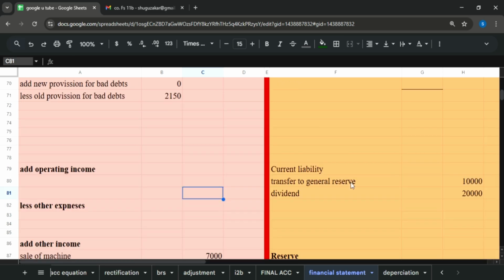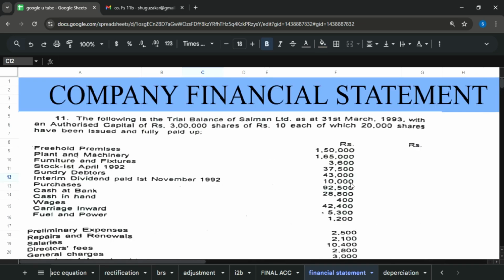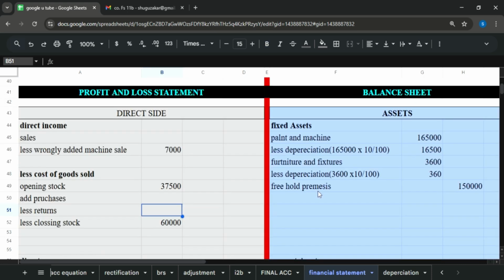No second effect, because we are at a stage where the elements of the trial balance are being entered. Okay, now next is purchases 92,500, the place of which was already reserved, and we have entered purchases.